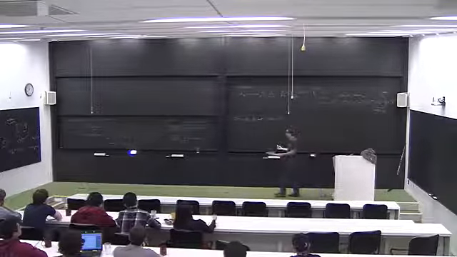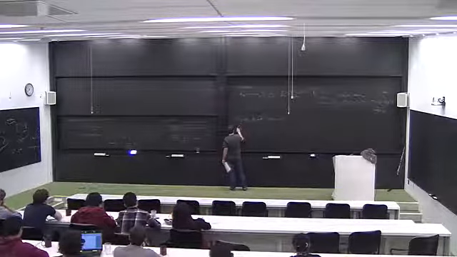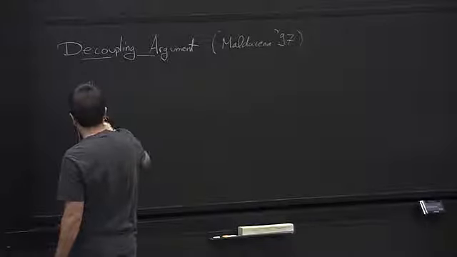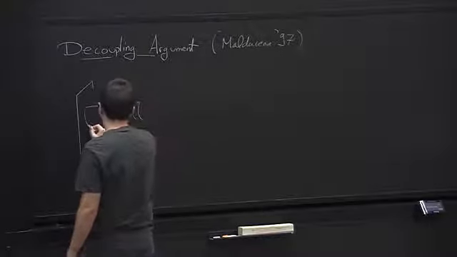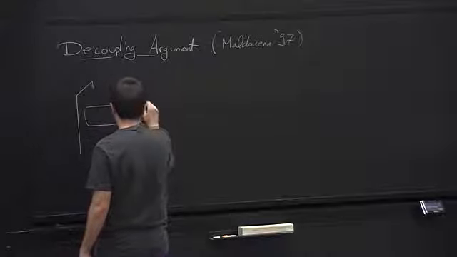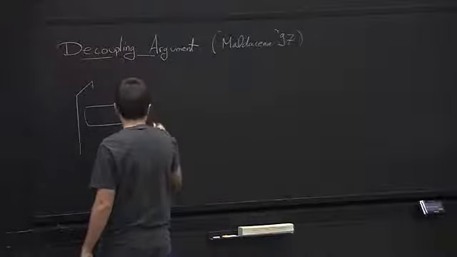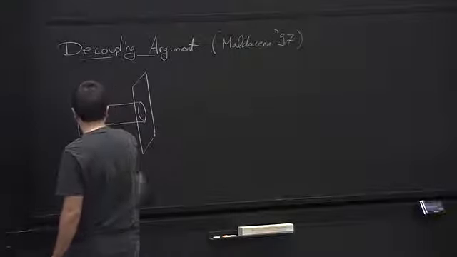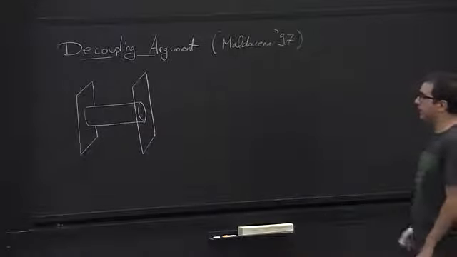So let's consider the simplest example of all. Suppose you have two branes, and we have an exchange of a closed string between the two branes. Now, how do we think of this picture?